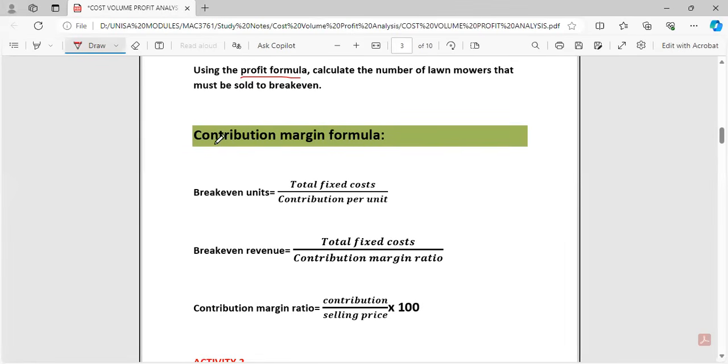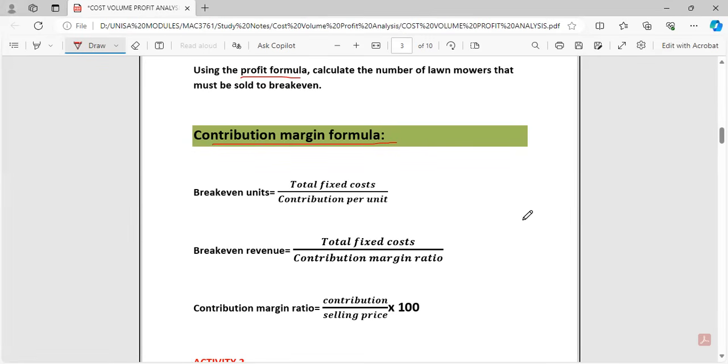So we are here now at the contribution margin formula. Contribution means it's going to contribute to the profit of the business, which means we are going to subtract the variable cost from our selling price, then we'll be left with the contribution. So if they require you to use the contribution margin formula, you come here. This is your formula.